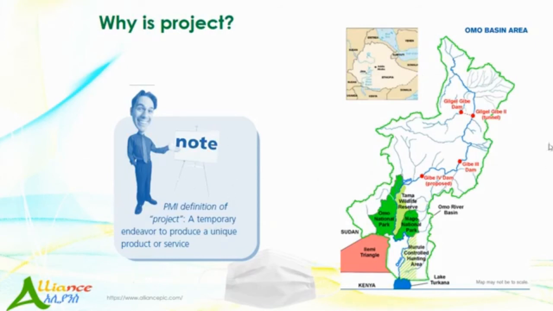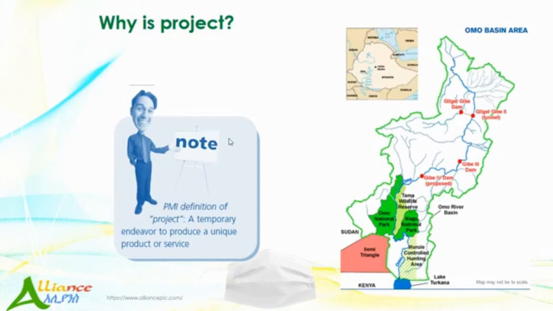Because these are unique. For example, the place where we construct the dam here is different, and here is different. The people that we use here and here are also different. For example, if I work here as a project manager and also work as the project manager in Gilgel Gibe 2, I am the same person but with different knowledge and experience.